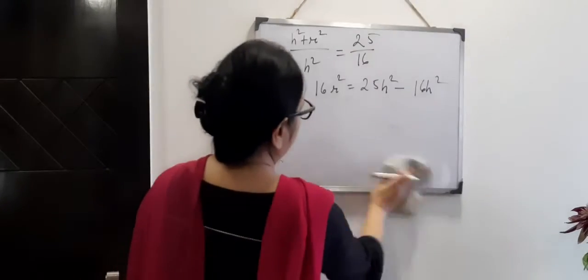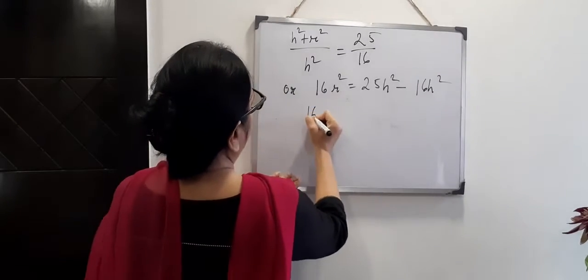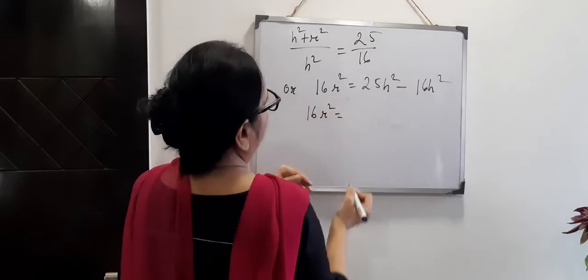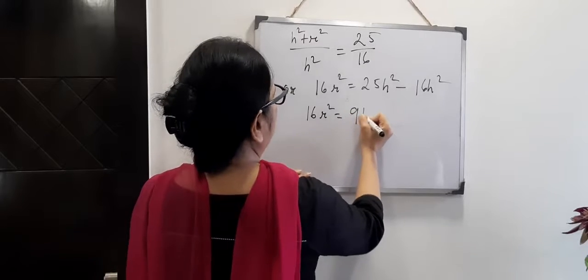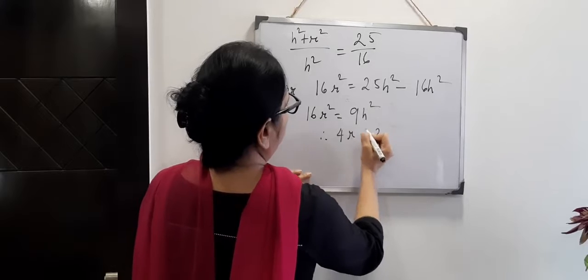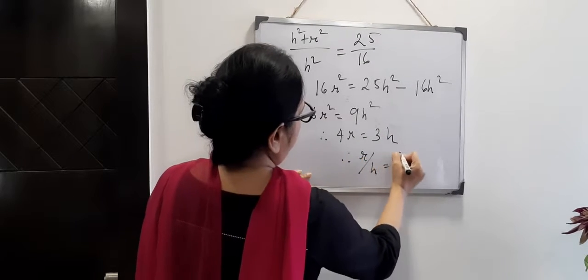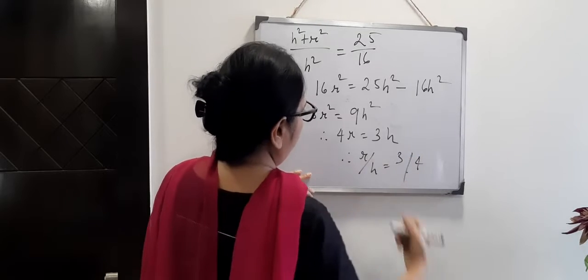After cross multiplication I have taken h square to the right hand side. So 16 r square is coming (25 minus 16) h square, that is 9 h square. That means 4r equals 3h, after taking square root, therefore r by h is coming 3/4.